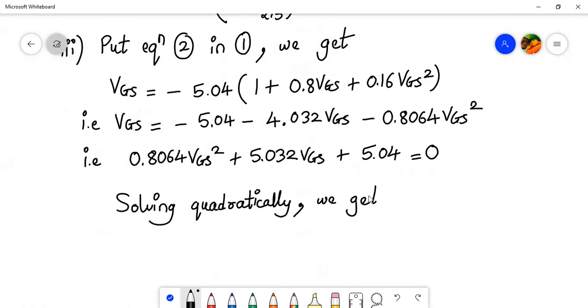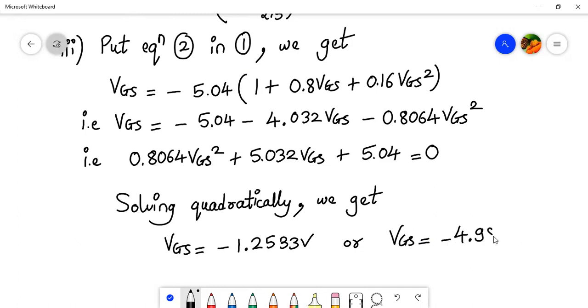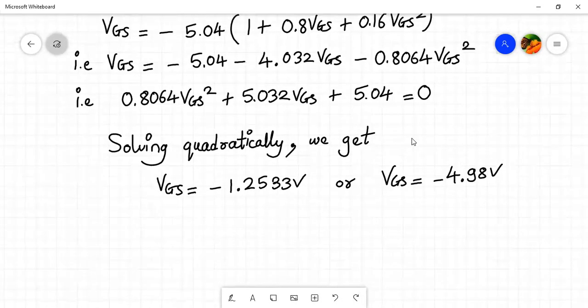You will get two values of VGS if you put it in the calculator and solve it. One value is minus 1.2533, and the next value is minus 4.98. Now we have to decide which is the correct value.